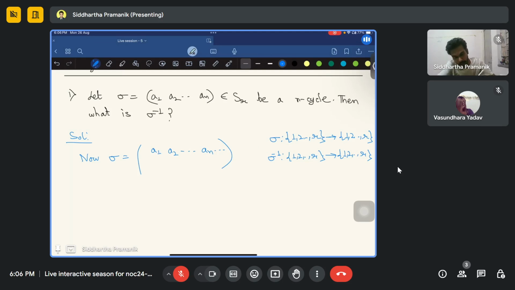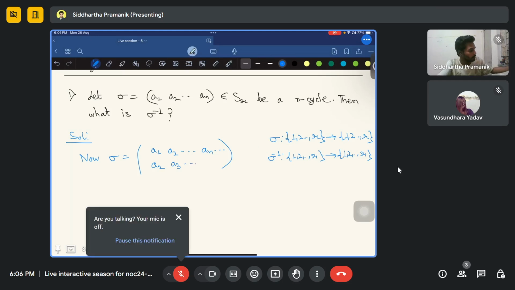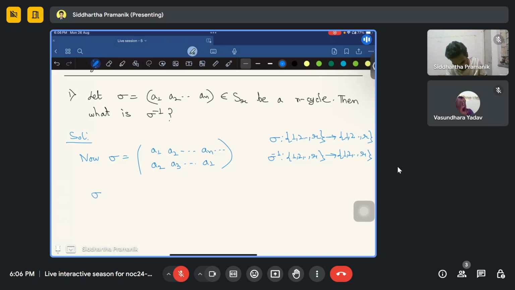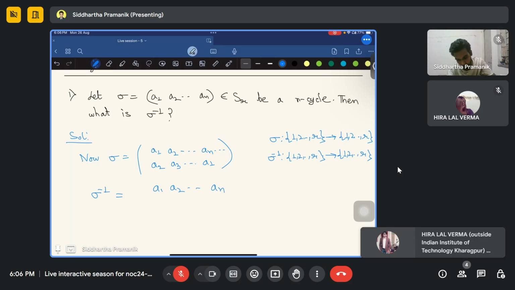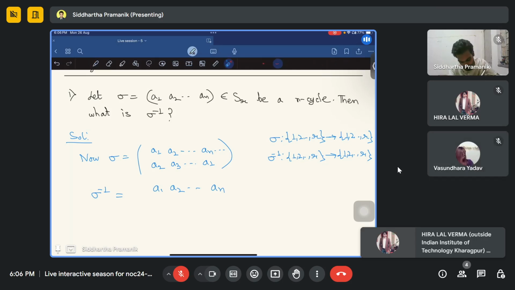Under sigma, a1 goes to a2, right? And a2 goes to a3. And an goes to a1. So from this, we can write sigma inverse. We need to find the images of a1, a2, up to an under sigma inverse.